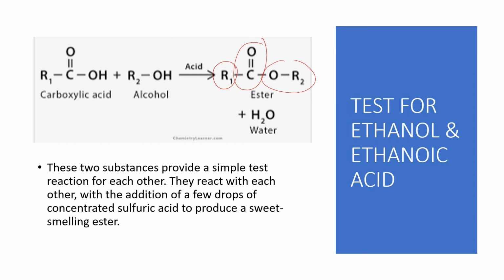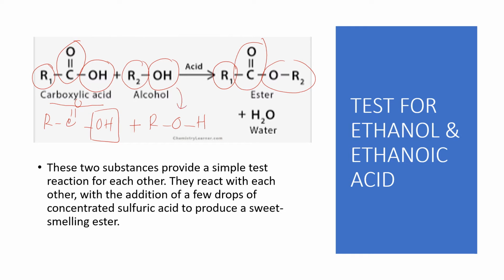The ester is the product of a reaction between carboxylic acid with formula RCOOH and alcohol ROH. The OH of the acid will join with the H from the alcohol. Then this forms water. The rest of the substances is RCOOR.